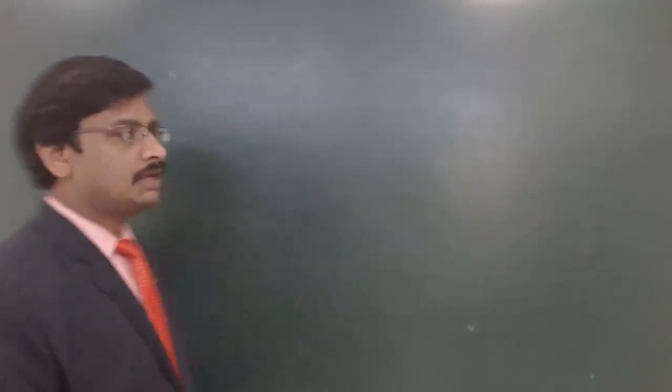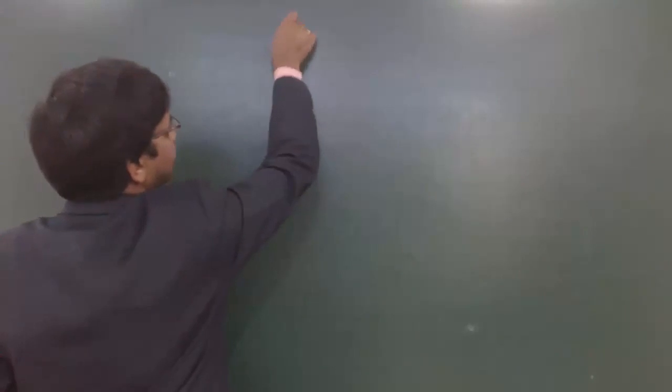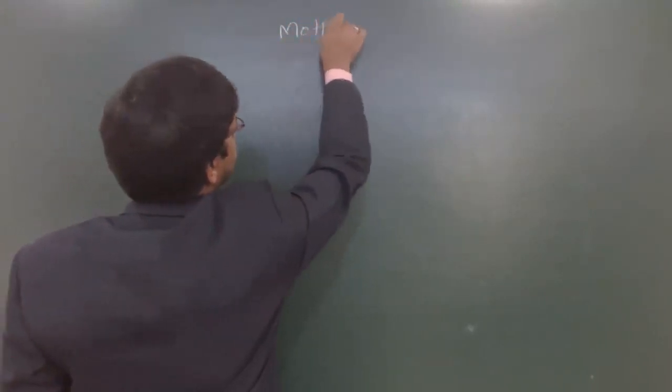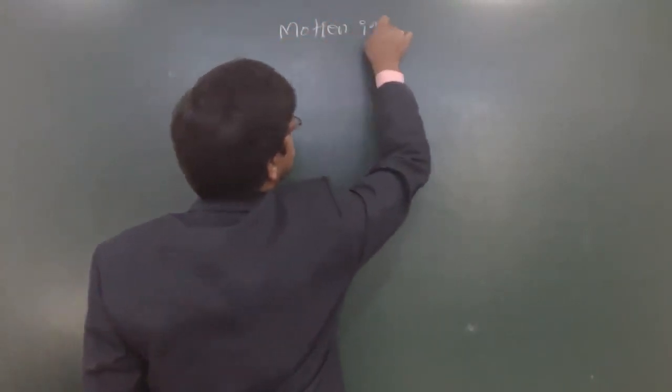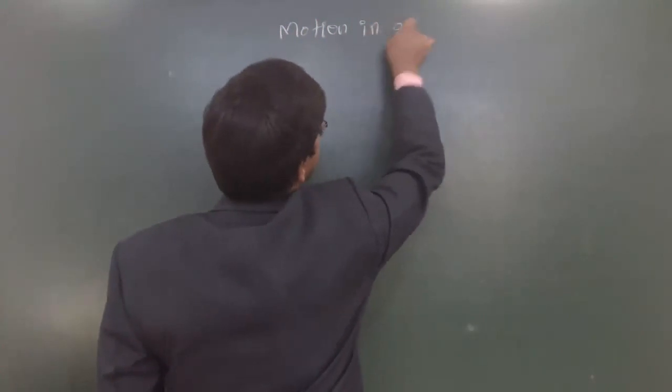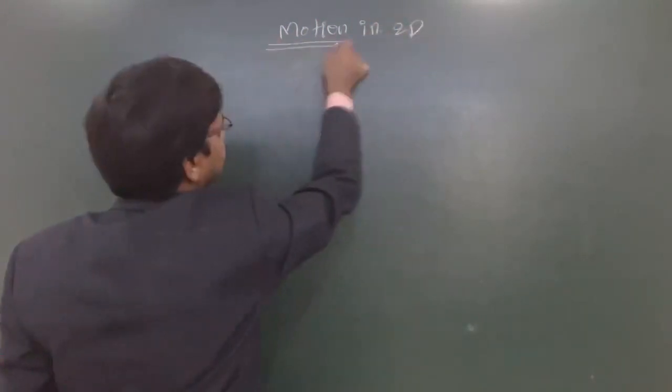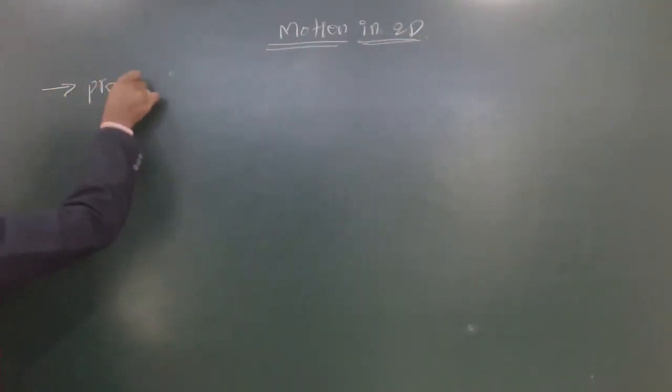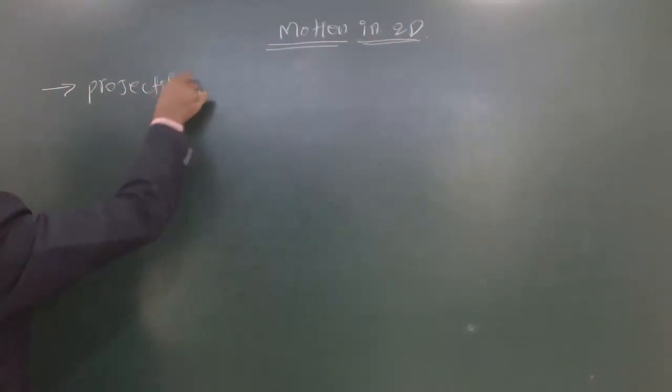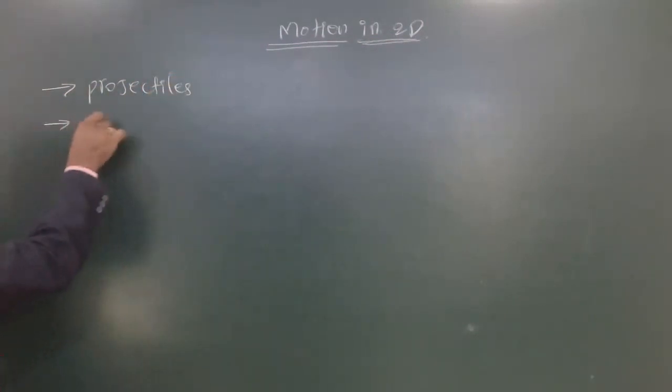So let us start. We are going to start with motion in 2D. In this, there are certain subparts. One is projectiles, and the second one is circular motion.